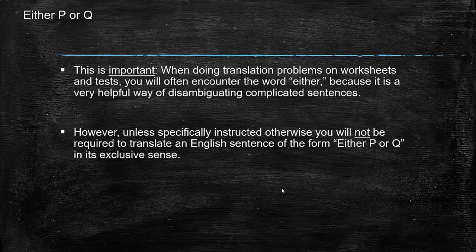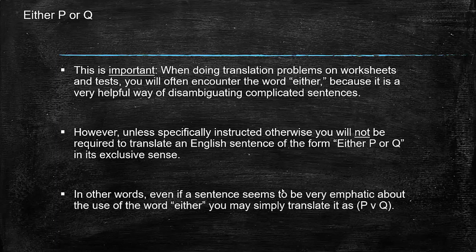So you don't ever have to worry about that unless you're specifically told to attend to it. In other words, even if a sentence seems to be very emphatic about the use of the word either, you may simply translate it in the form P or Q.